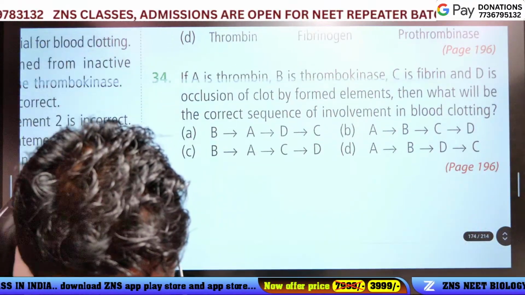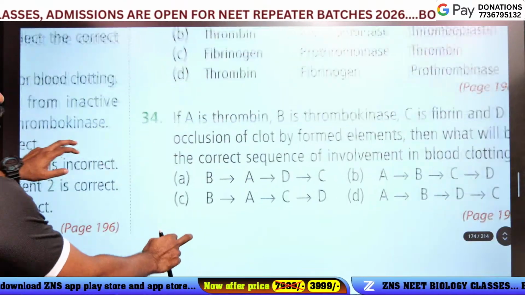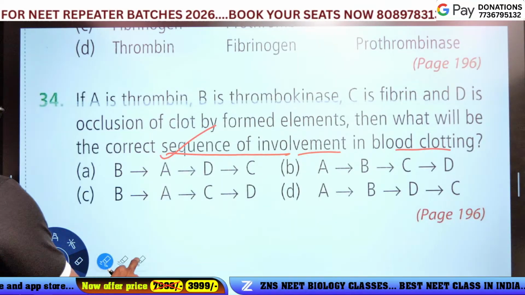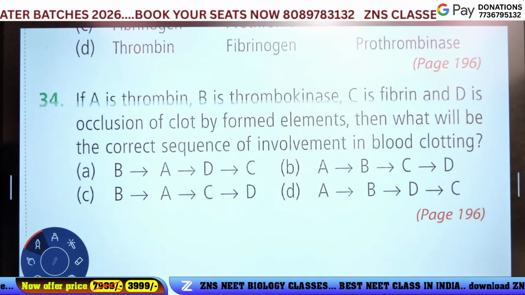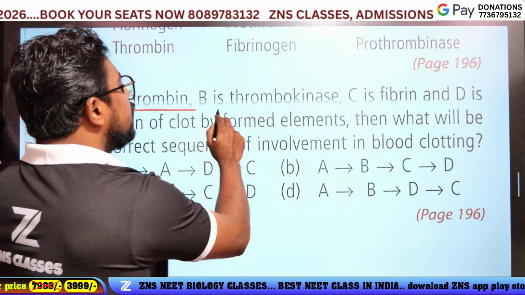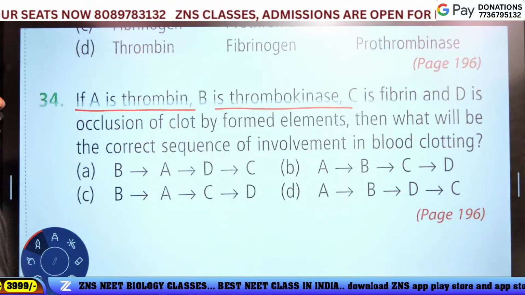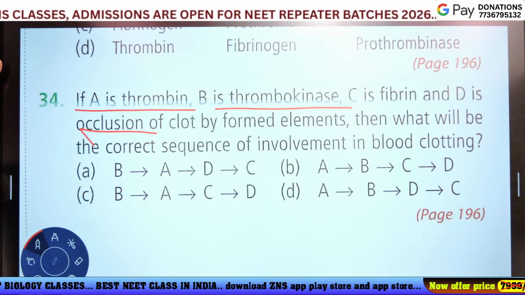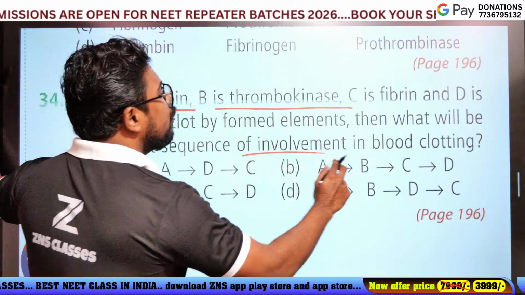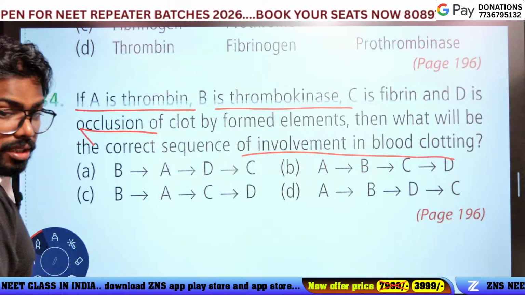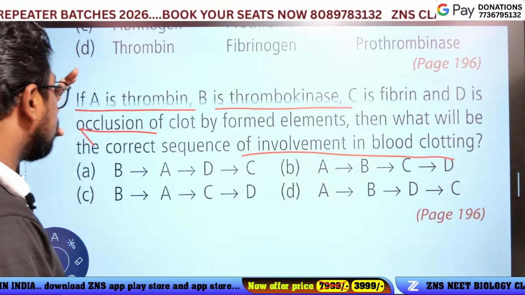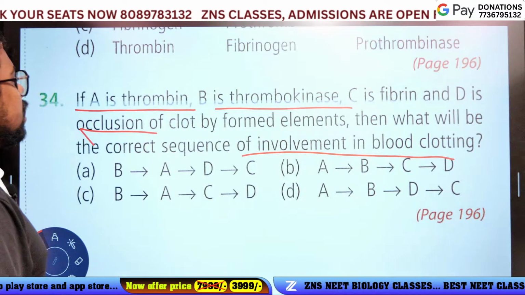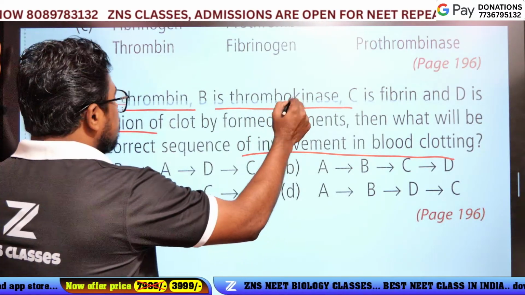Question number 34. A is thrombin, B is thrombokinase, C is fibrin, D is occlusion of clot by formed elements. What will be the correct sequence of involvement in blood clotting? Thrombokinase is produced first, so B is first.